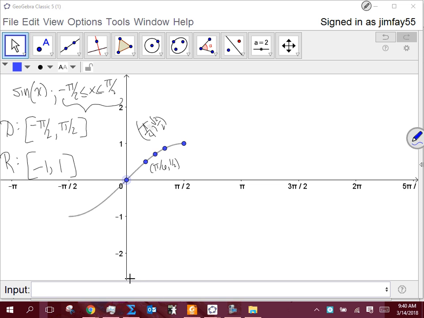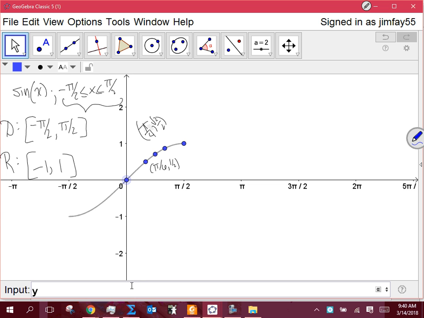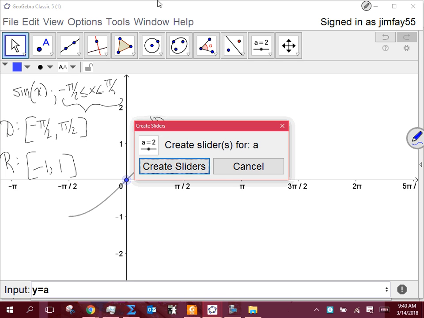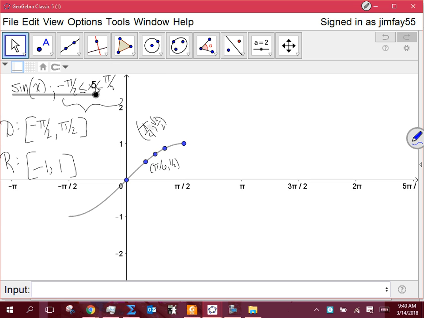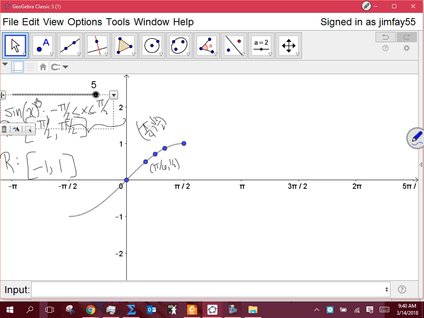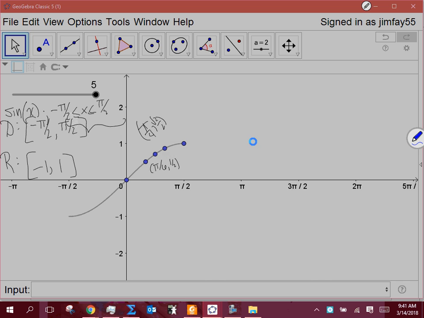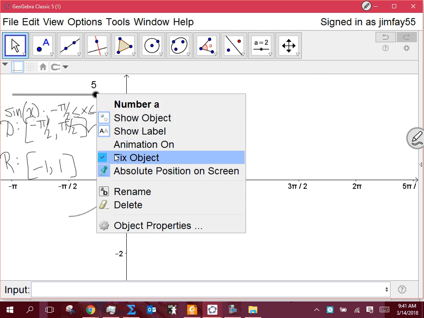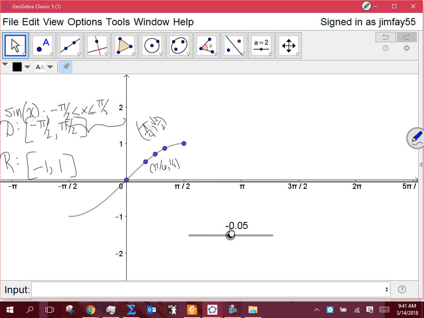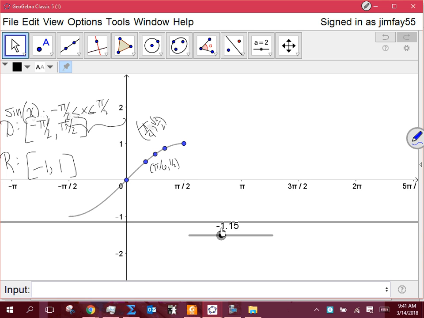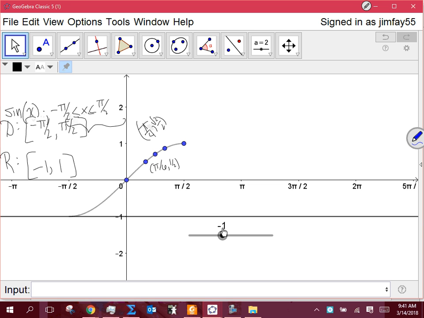If I put a y value of, let's just say A here, and ask to create a slider, and move this thing. Hold on a second. All right, so if I look at this slider here, the first y value I come through would be negative 1, right?